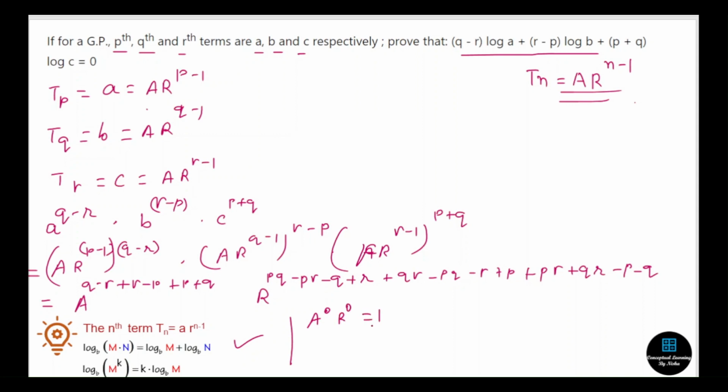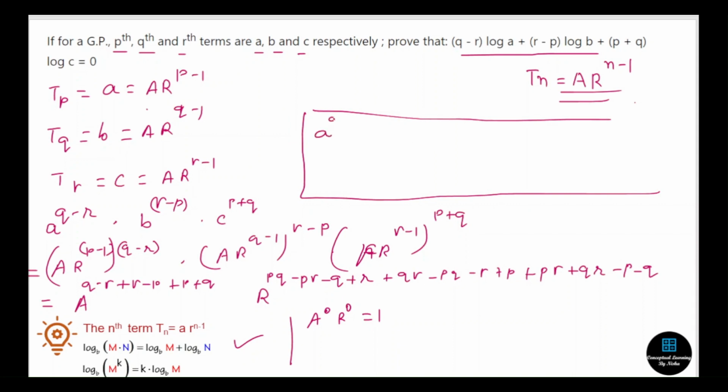This gives me 1. Now I am taking log on both sides and I apply the product rule and the power rule. Let me write it here so that you can understand. I got that a to the q minus r into b to the r minus p into c to the p plus q equals 1. Now I take log both sides.